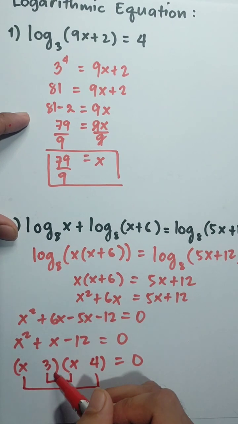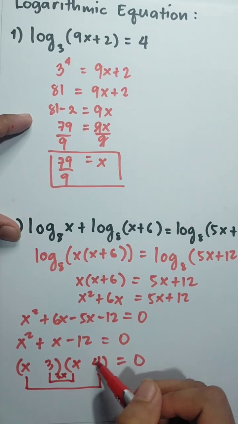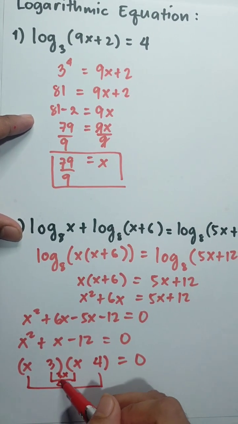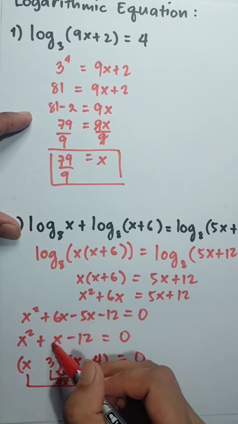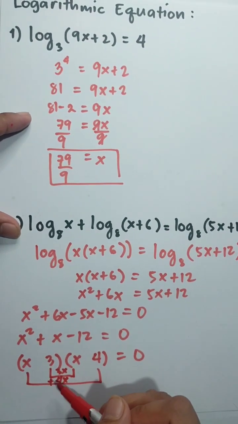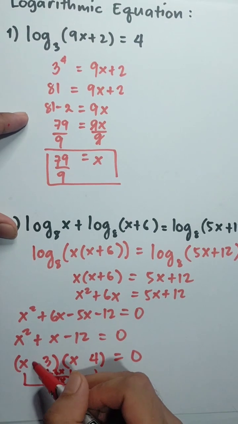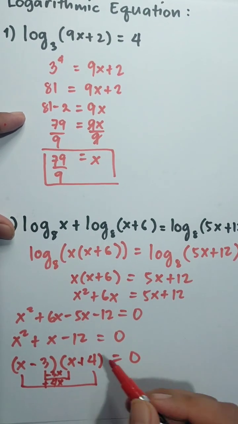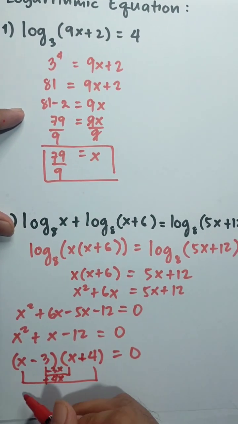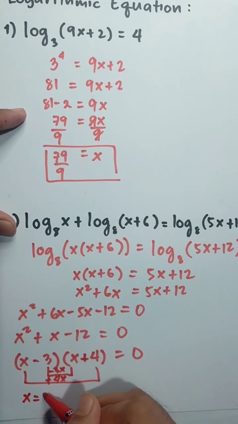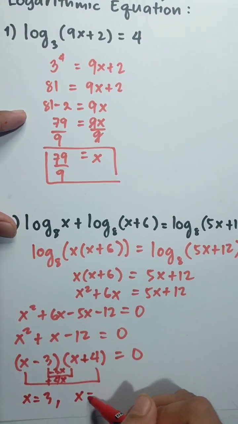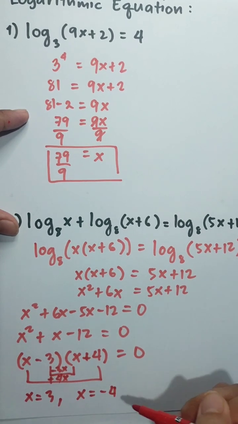Multiplying gives 3x, and 4 times x gives 4x. The only way to get plus x is plus 4x and minus 3x. So this must be minus here and plus here. Solving for x, we have x equals 3 and x equals negative 4.